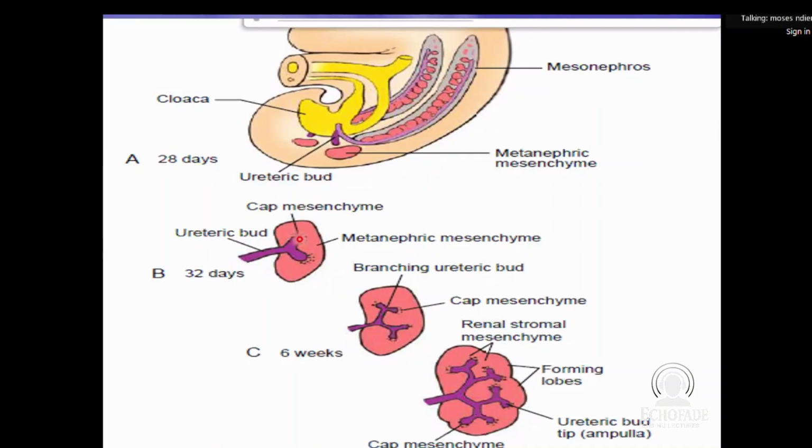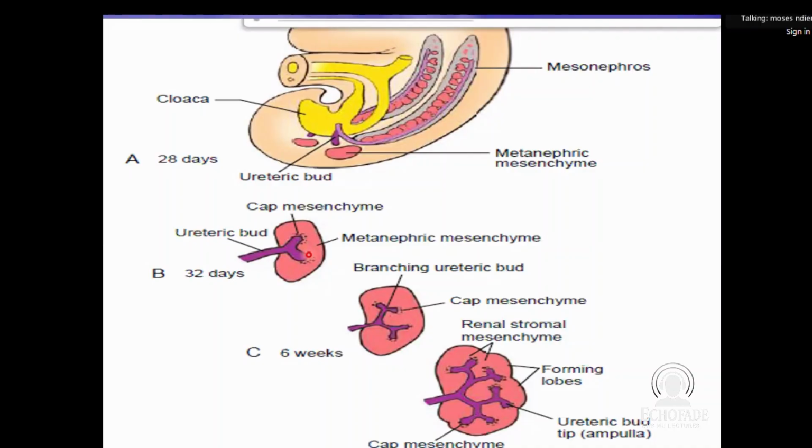So there's continuous dichotomous division, every time induced by the mesenchyme cells. The mesenchyme cells induce again more proliferation. So as you can see here, there's an increase in size of the mesenchyme tissue within the blastema, but there is also division of the ureteric bud.